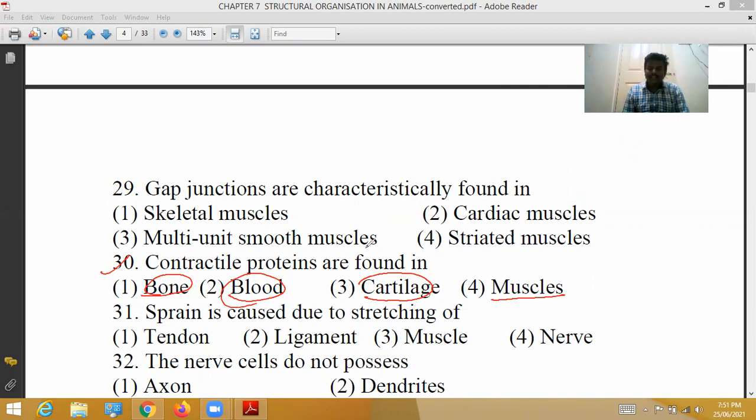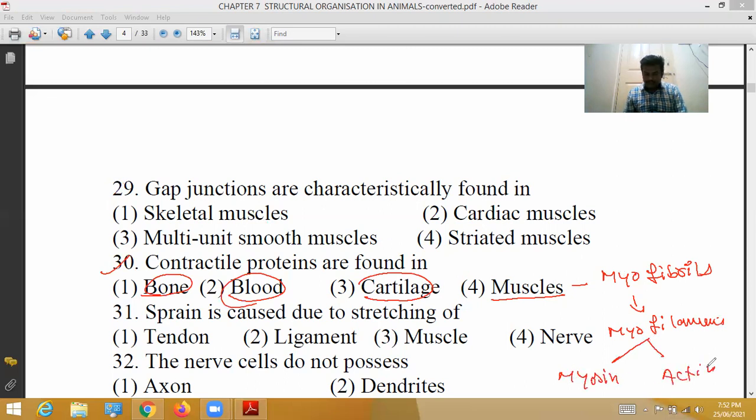So the contractile structure of muscle cells are called myofibrils. Myofibrils are made up of myofilaments. Myofilaments generally are of two types: myosin and actin filament.